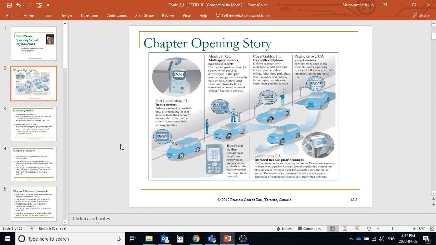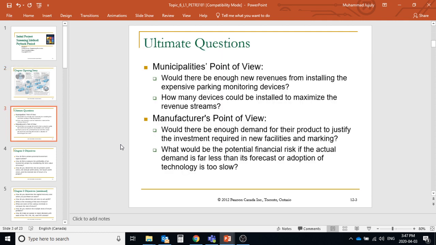Okay, so what would be the options we'll have? In this case, one point of view is for the company. You are the company, you want to invest in a project, so from your point of view, you want to maximize the profit or save money.